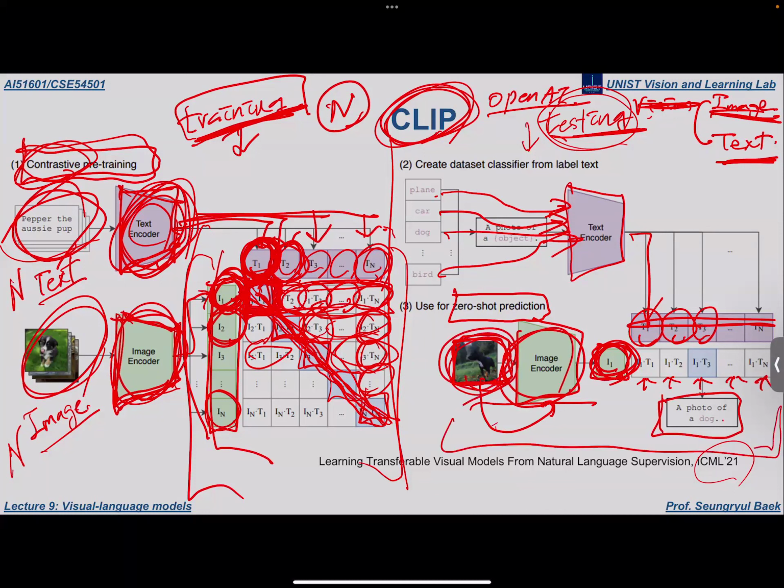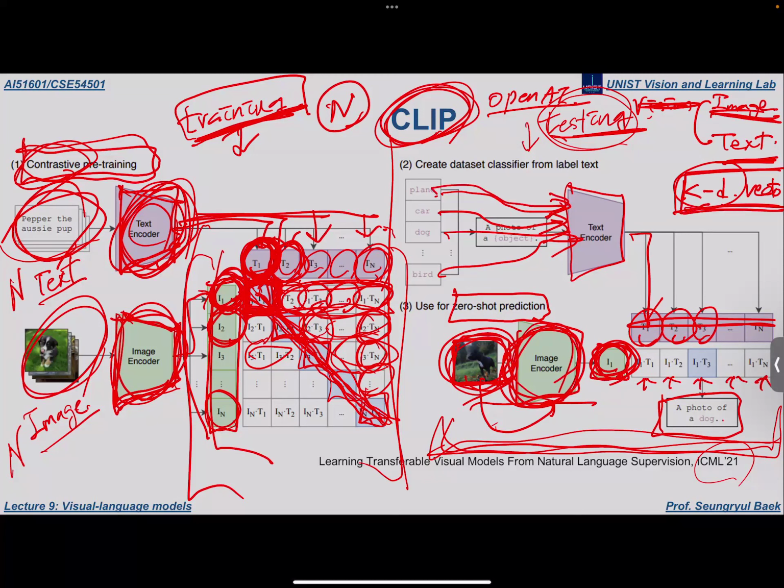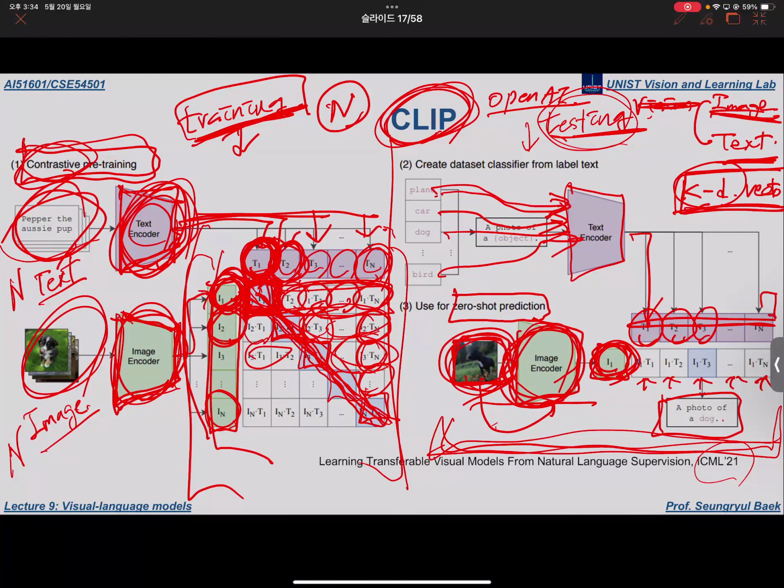This is somewhat different from the conventional image classification. In a conventional image classification network, in the last part, there has to be a k-dimensional vector that indicates the probability for k predefined objects. So we cannot classify images outside of these k objects. But here, we can freely augment these text vectors by inputting more text we want.